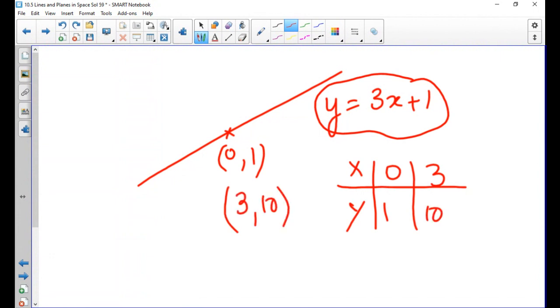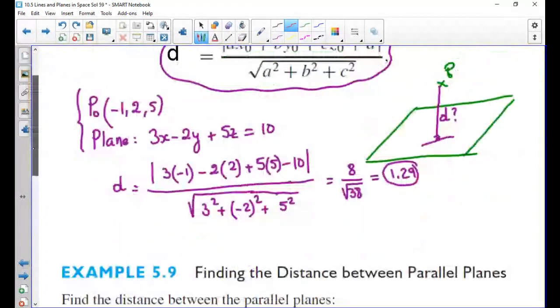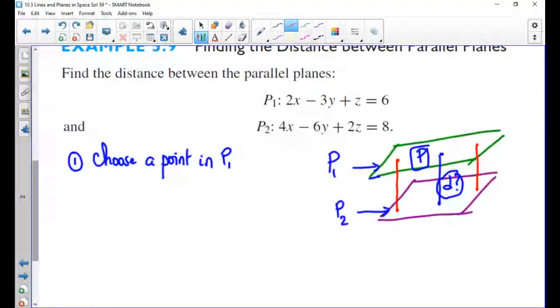So I can find millions of points by choosing X and finding Y. Just choose one coordinate, find the other coordinate. That will give you all the points you like. Well, we'll do the same here. So now, how do I find the point on this plane?